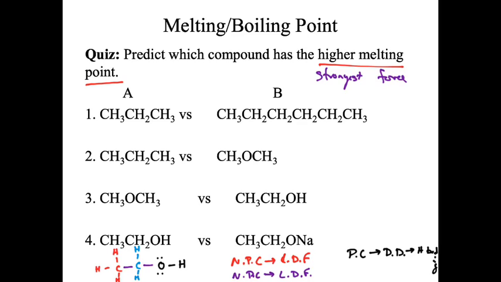In this analysis, what am I looking for? The strongest force. Do I care about the London dispersion forces? No, which means my entire analysis is going to boil down to recognizing that for that molecule, I have hydrogen bonding.